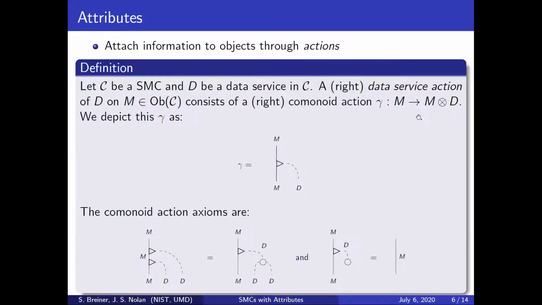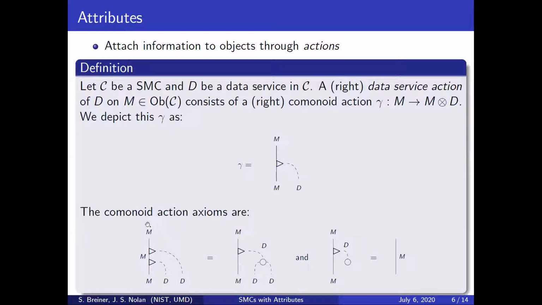So for example, a robot to a robot and a location. And this basically serves as just getting out the location from the robot without really doing anything.